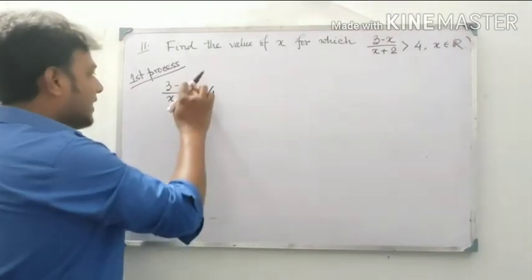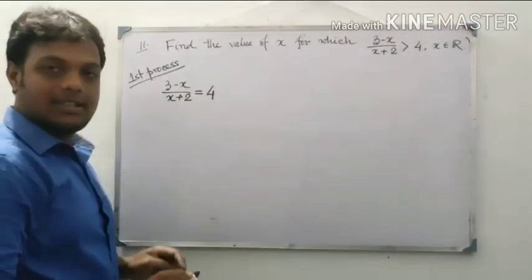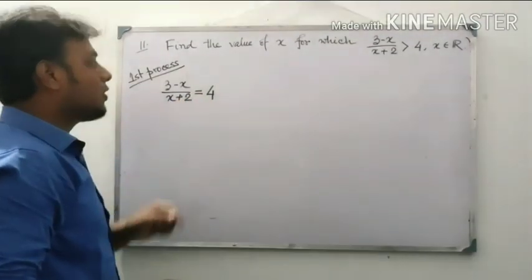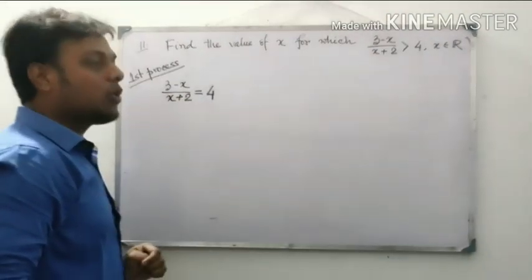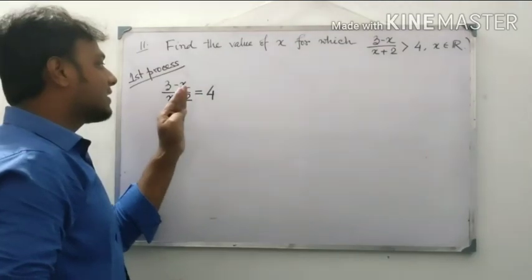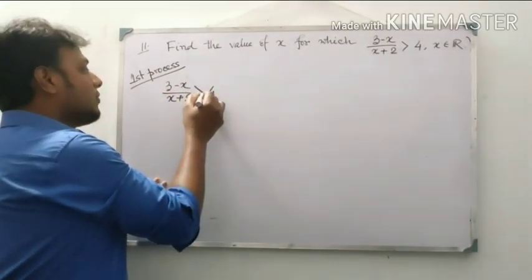Suppose if there is an equal sign instead of this inequality sign, then easily we can apply cross multiplication here. But here is an inequality, that means greater than is there. So how to solve?